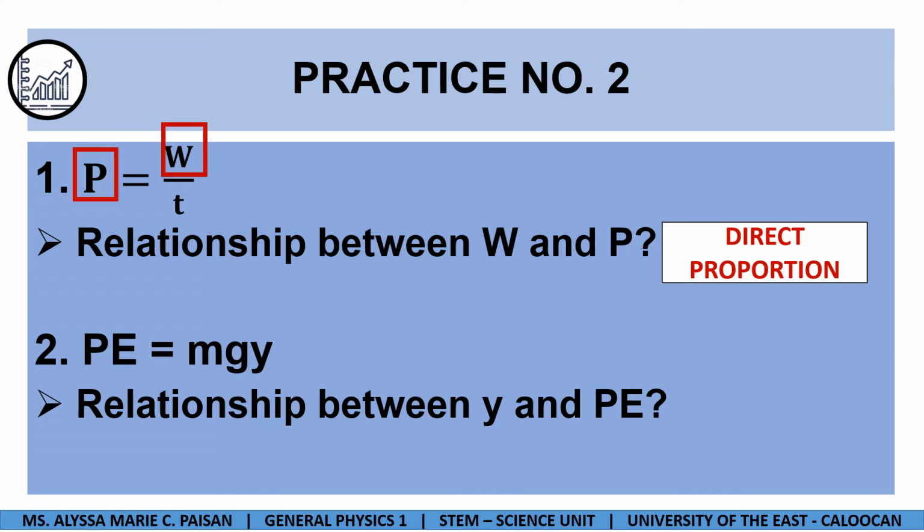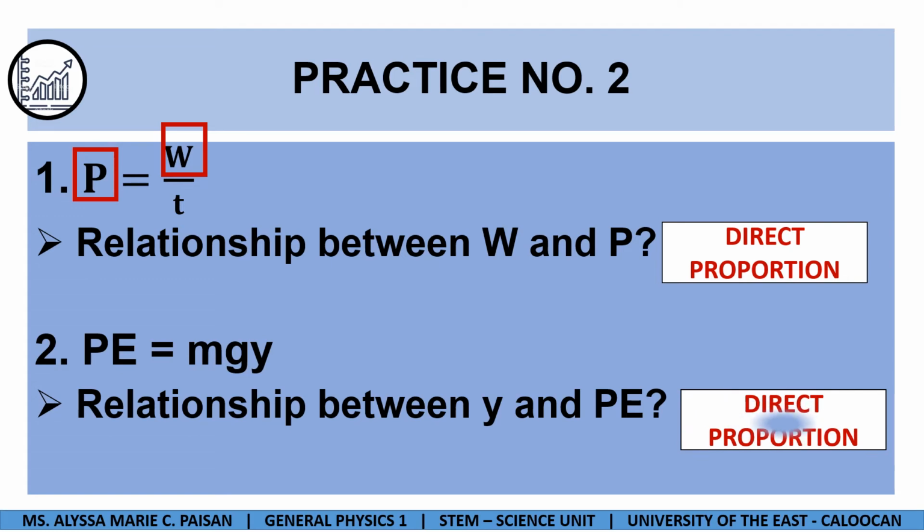Number 2, PE is just one variable or one quantity is equal to mgy. M times g times y. Now the question here is, what's the relationship between y and PE? And again, if you treat all whole numbers as fractions with denominator of 1, we could say that PE is in the numerator also, and M, G, and Y are all in the denominator.